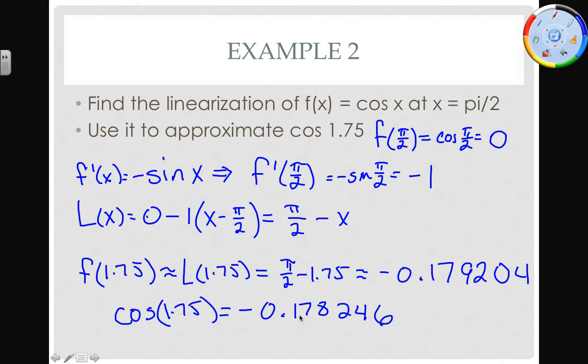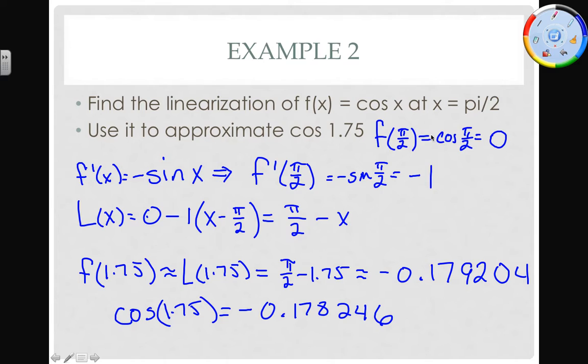Okay. Now, something I didn't really mention here is you have to be very, very close to your center of linearization. Okay, that a value. Pi over 2 is what? Pi divided by 2 is 1.57. So 1.75 is kind of close.